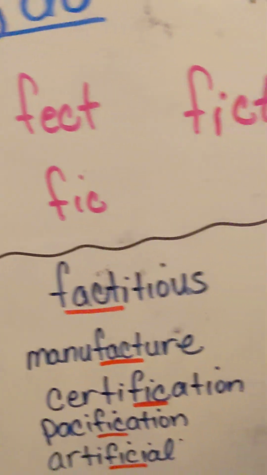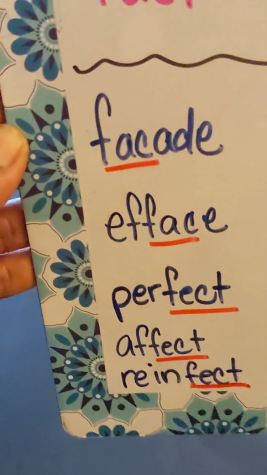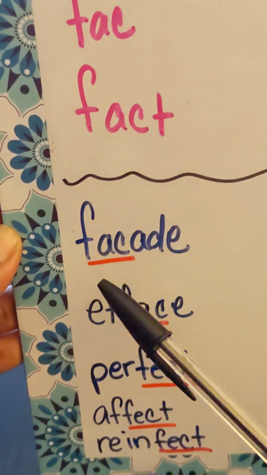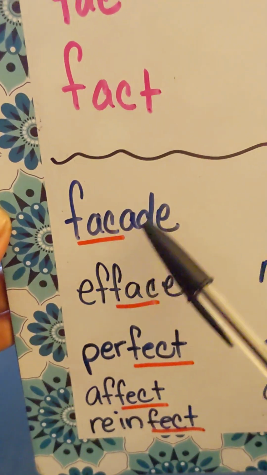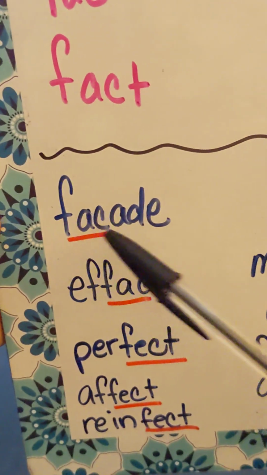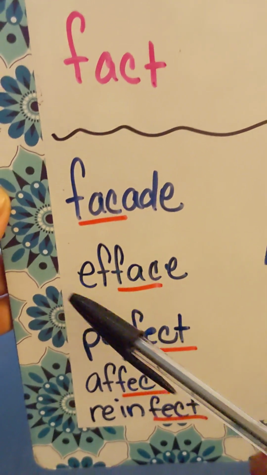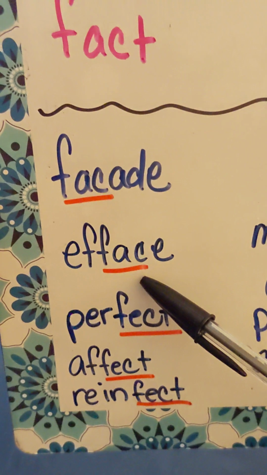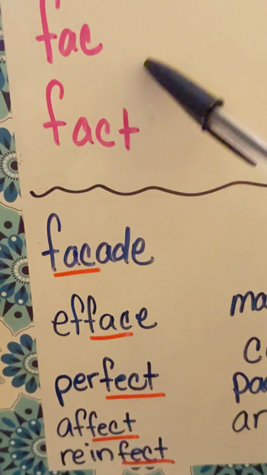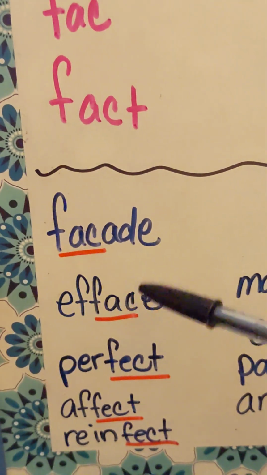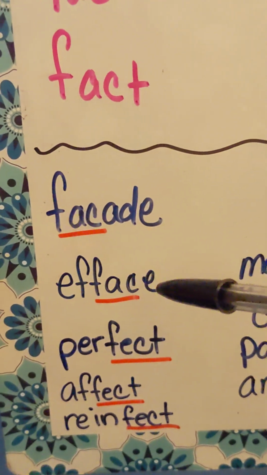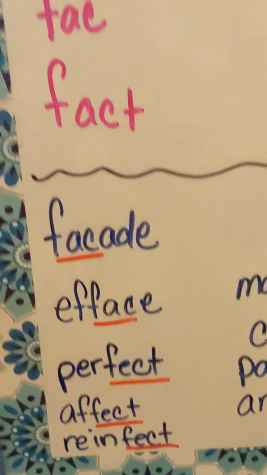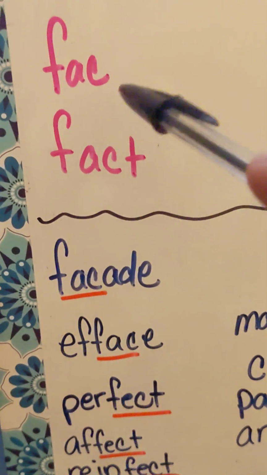All right. So first example, facade. There's your FAC. To make a false appearance. We know a facade means something phony. Efface, to get rid of or erase. So to make something disappear. Remember, these root words contain the root of the meaning. The meaning that we use these words in English always has something to do with its root definition.